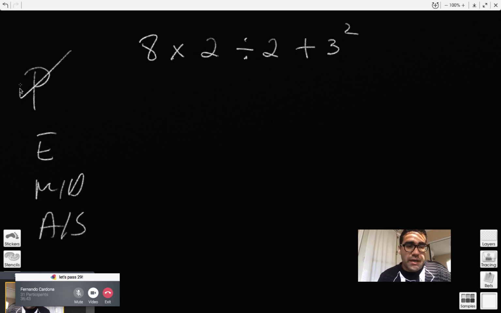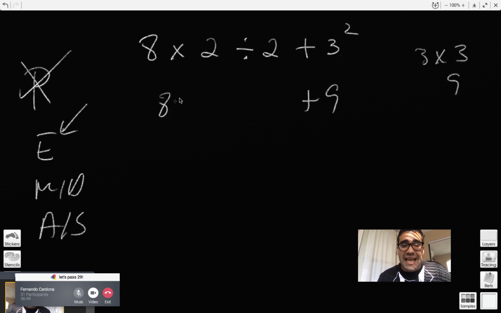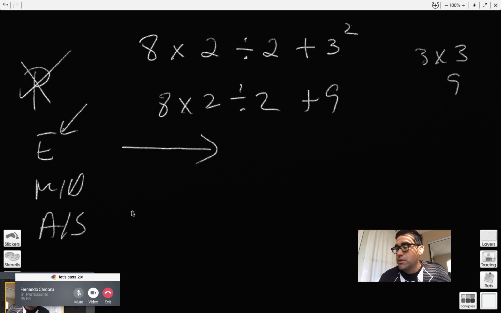First, parenthesis, there is none; exponents, yes, 3 squared, 3 times 3, 9. Now, when you're in the stage of multiply or divide, it's like reading. The first one you see from left to right.